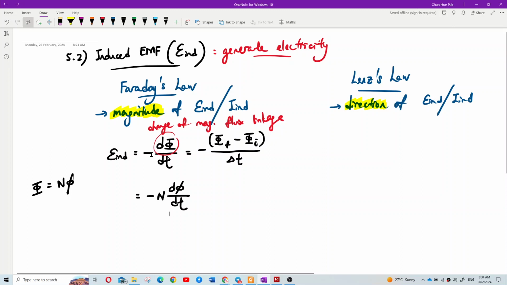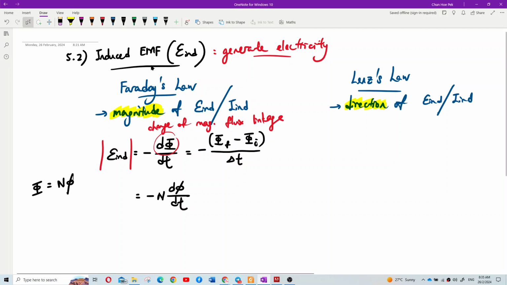You see, we can use Faraday's equation to find how big is the EMF, the magnitude of the EMF. We have a formula to calculate the magnitude of induced EMF. Isn't that wonderful?